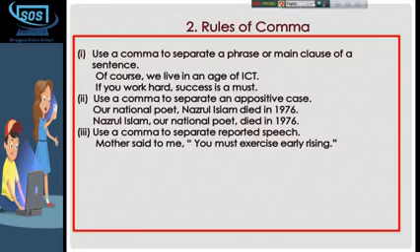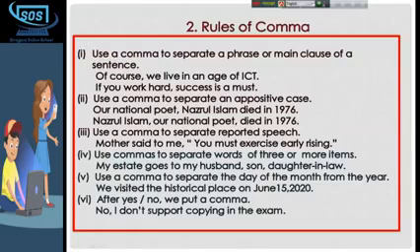For expressing appositive case, we use comma. When the apposition comes first, we use only one comma. Here is an example. Our national poet, this is an apposition. So at the beginning of a sentence, if we find apposition, we will use a comma before the main sentence.